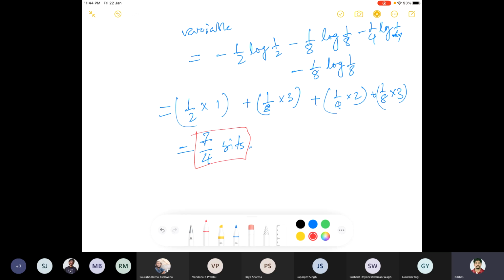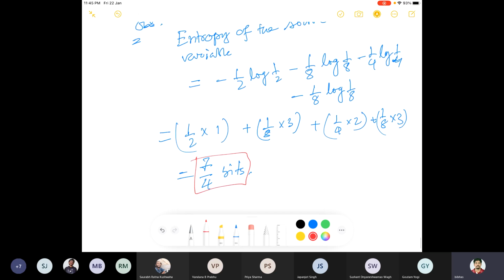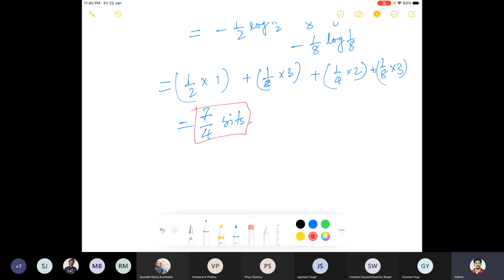If you want to design a coding scheme for the random variable, then the average length will be equal to the entropy. I will prove this, but right now I'm just saying that. So this is not accidental. This is the limit actually. You cannot go beyond this. So this is the operational meaning of entropy, and that's why entropy is very, very useful in the context of communication.